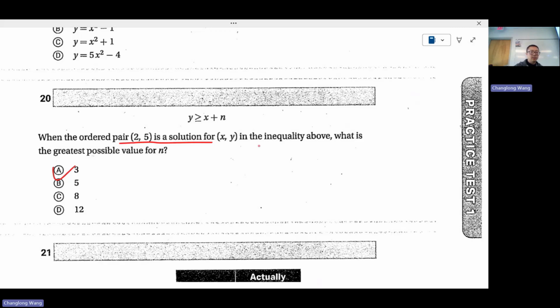It won't hurt if you just put it in to see what happens. If you do that, there's no way you can miss it. So 5 for the y, greater than or equal to true for x, right? And you're getting 3 greater than or equal to n, right? So interpret that as n is no greater than 3. The maximum possible value will be 3, right? There you go.